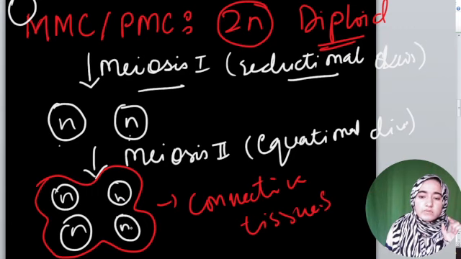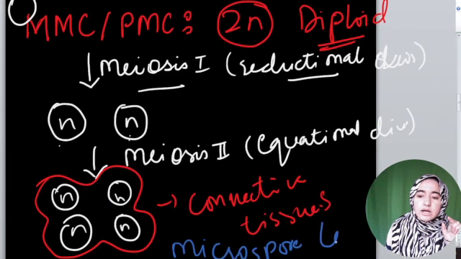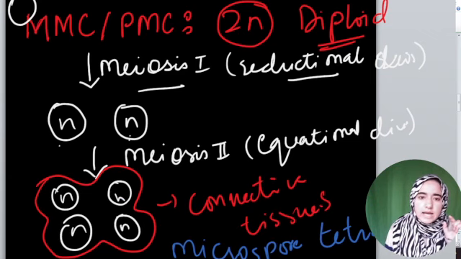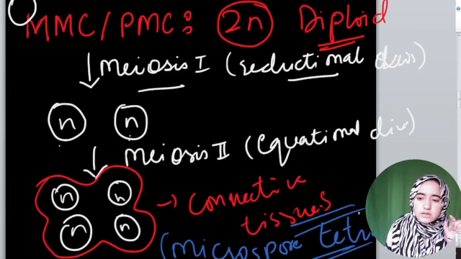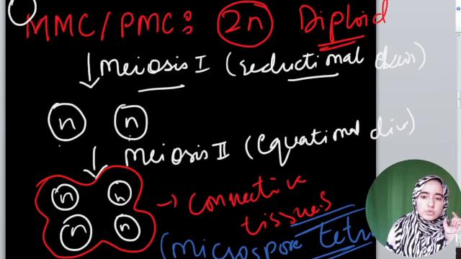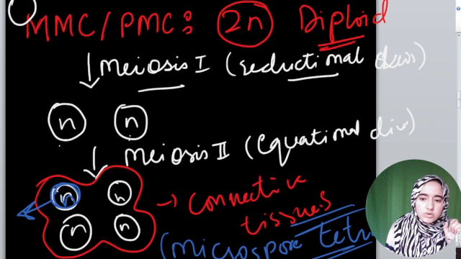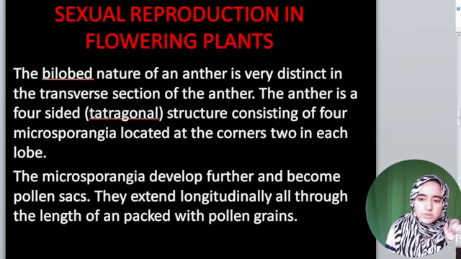And since they are four in number, they are known as microspore tetrads. I hope this concept of microspore tetrads is clear. Now we will take this one microspore tetrad and see what will happen to it.